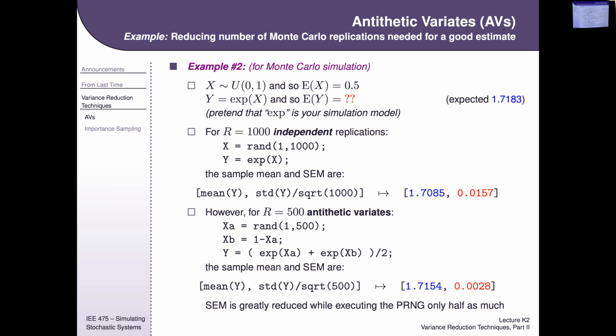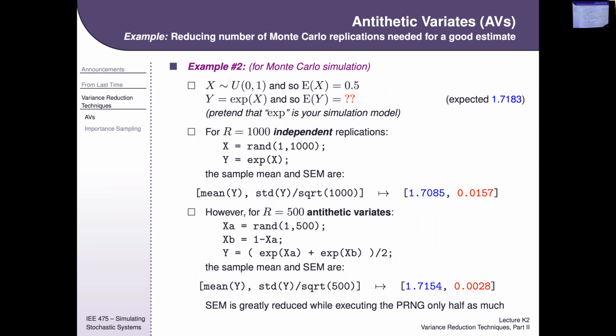Then I pair them up so that every random number in XA gets paired up with the 1 minus version of it, and I take the average of the simulation outputs for each of those. You can think of exp, the exponential function, as your simulation. I run it on the random number from XA, and then on the random number from XB, I get a performance output, and I take the average of those, and that ends up being the Y for this one, which maybe I should have labeled Z in this example.